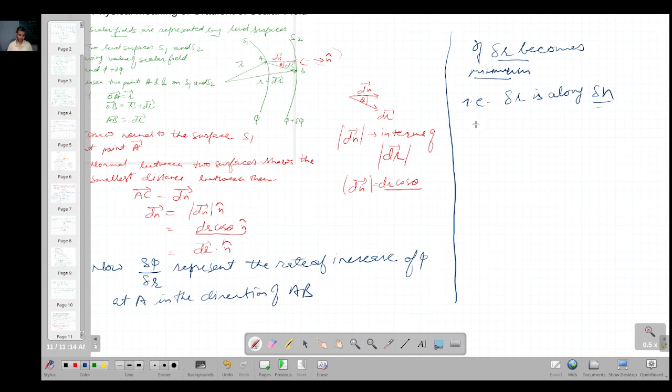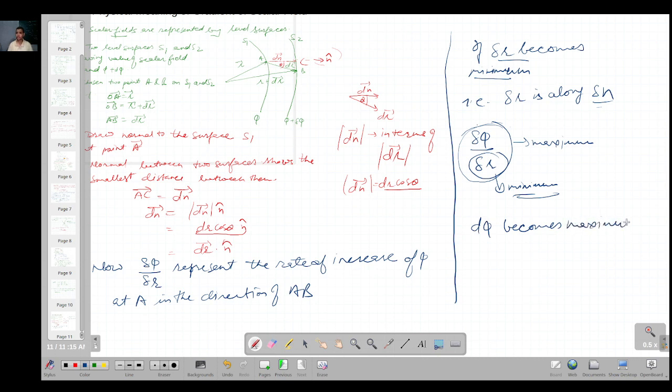If I put this in here, delta n over delta r will become minimum, and this makes this quantity maximum because the denominator will become minimum. Due to this, d phi becomes maximum.